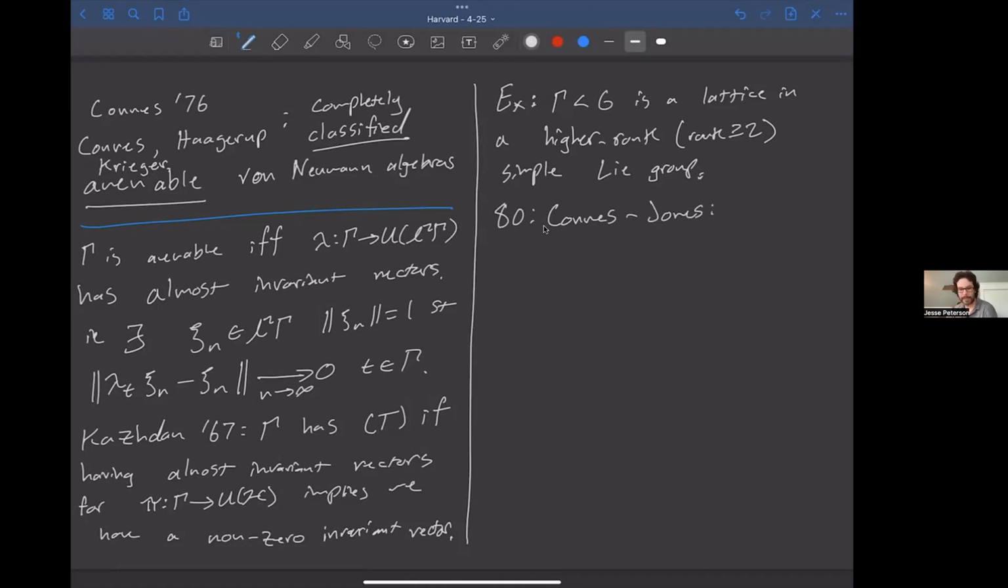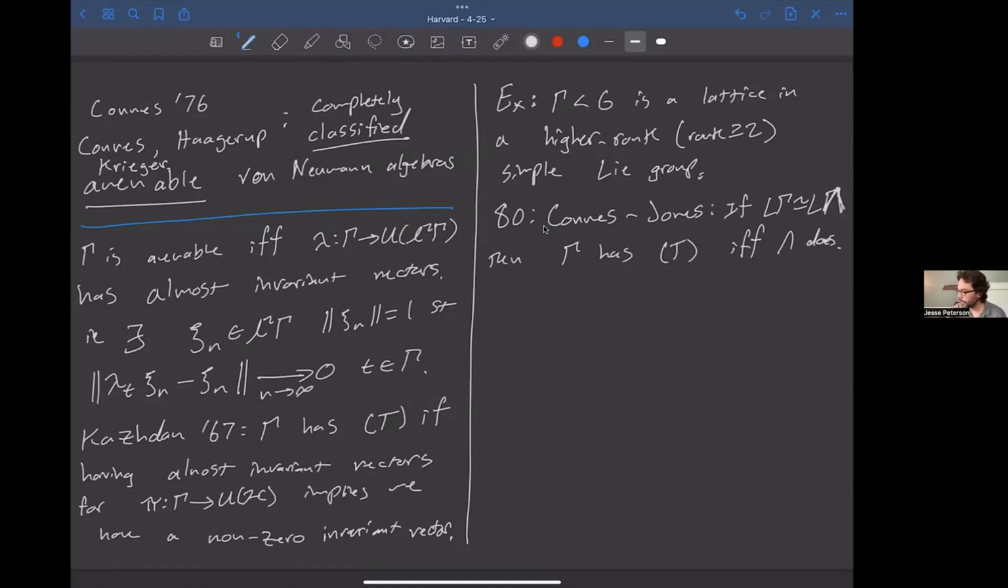They showed that just like amenability, property T is also something that can be encoded in the von Neumann algebra. So if we have L(gamma) isomorphic to L(lambda), then gamma has T if and only if lambda does. So again, somehow this property T is kind of the absence of amenability for any representation, and we see that this is closely connected to the von Neumann algebras.